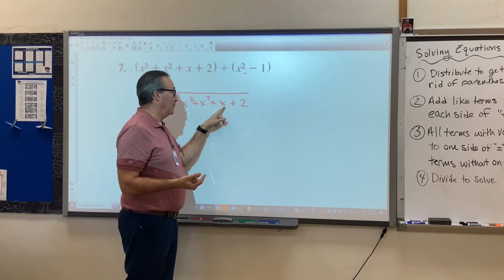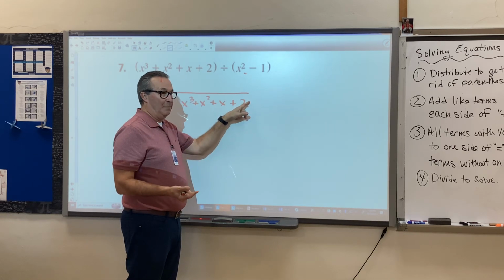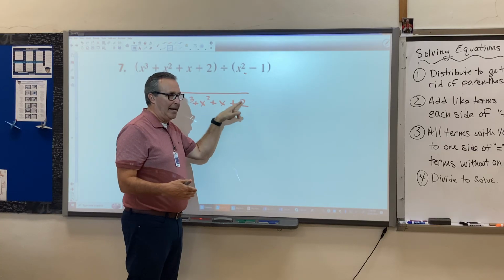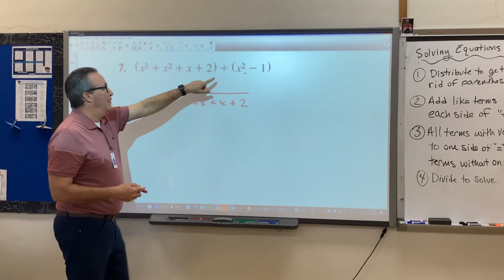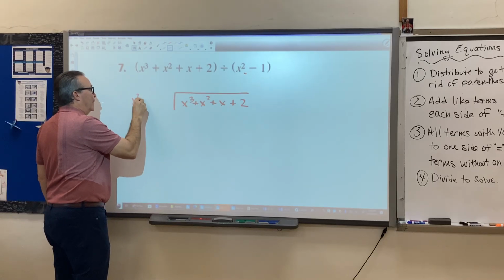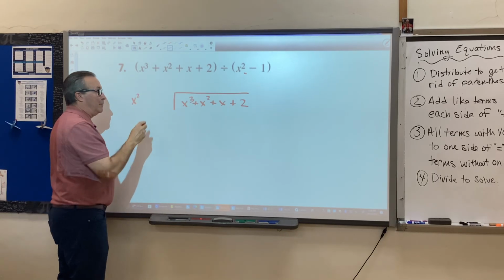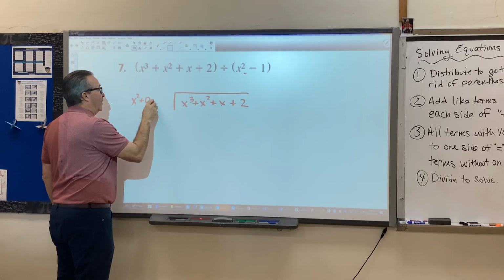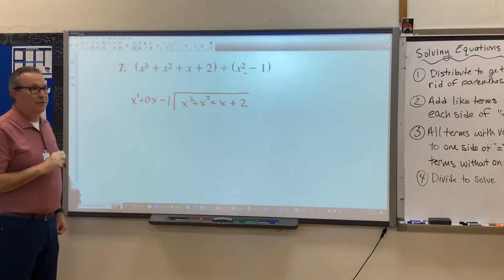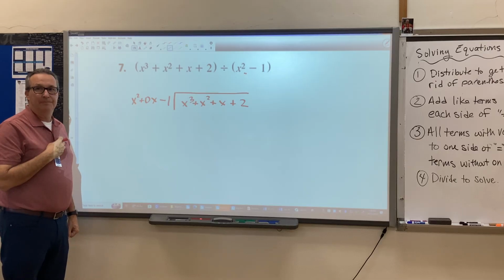You need a placeholder or an actual term with an x, and a placeholder or an actual term with a term without any x's. Like for the thing we're dividing by is x squared. It starts with x squared, but there's no x term, so you have to put in plus 0x minus 1. And we're going to do this long division with that. Okay?